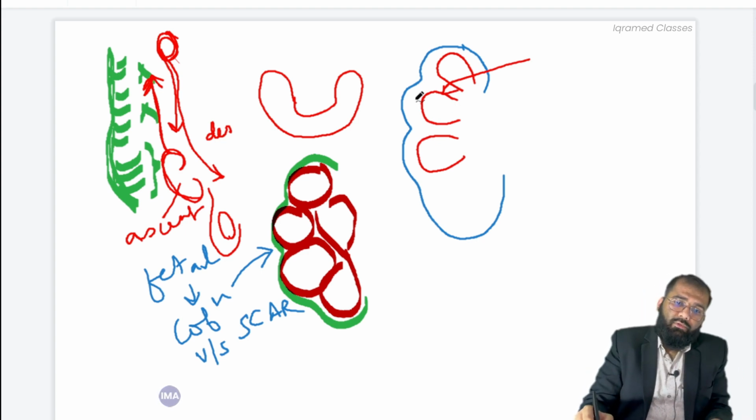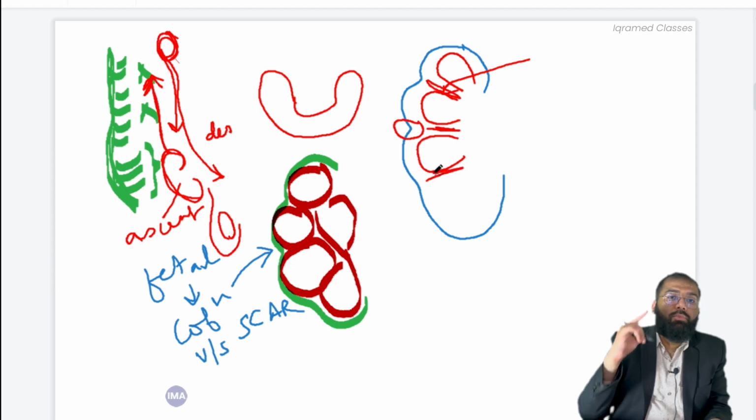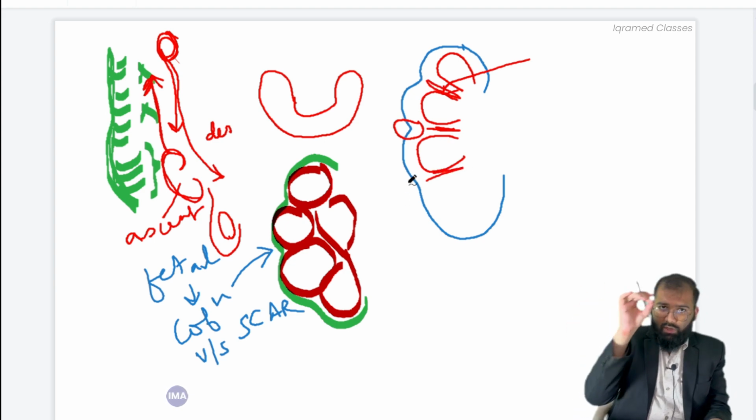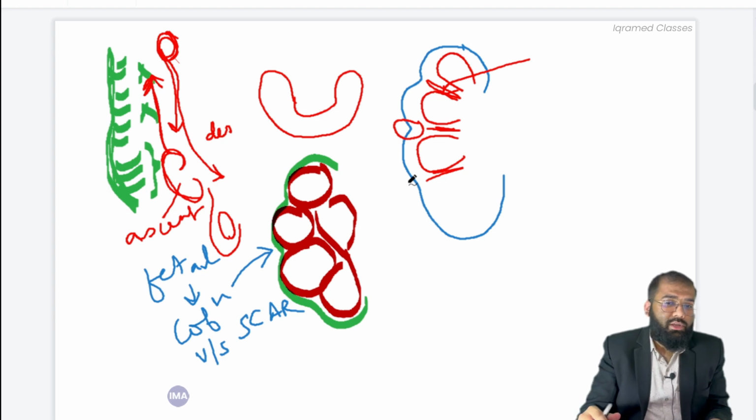This is called column of Bertini. So if the lobulation, that is the inner dip of lobulation, corresponds with the column of Bertini, then it is lobulation. If the dip goes along the column of Bertini, then that is lobulation.